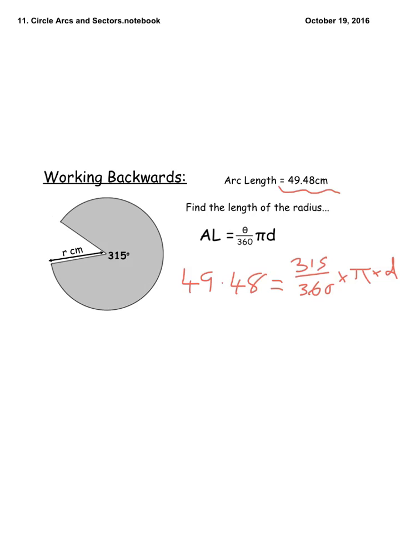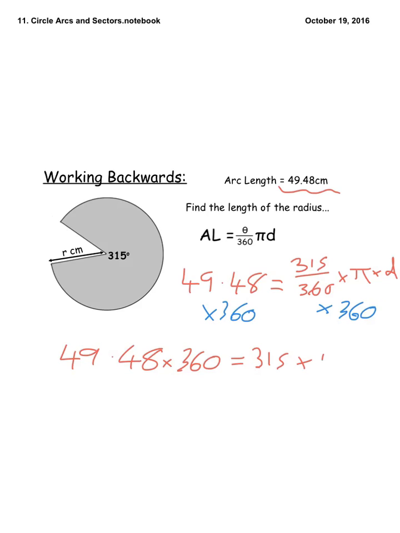The second step of this is rearranging so that d is the subject of the equation. The first thing I'm going to do is multiply both sides by 360. If I do that, I get 49.48 times 360 is equal to 315 times pi times diameter.